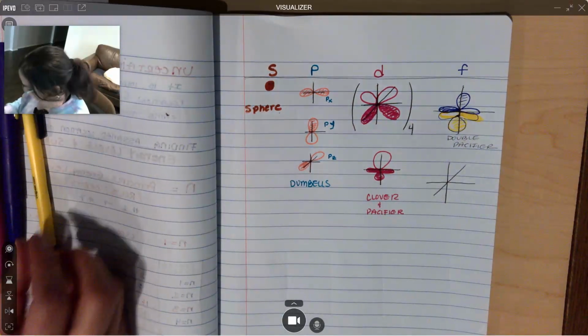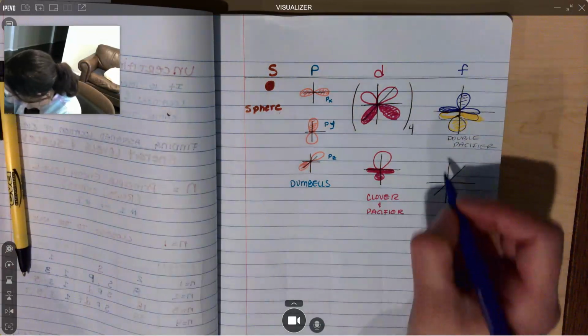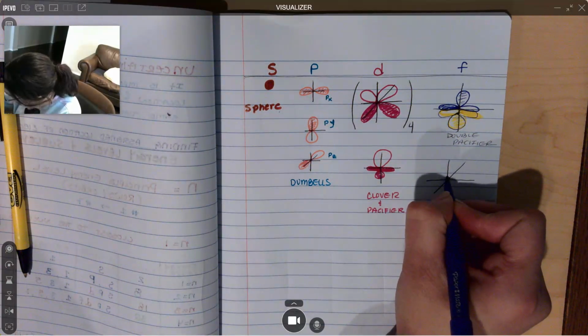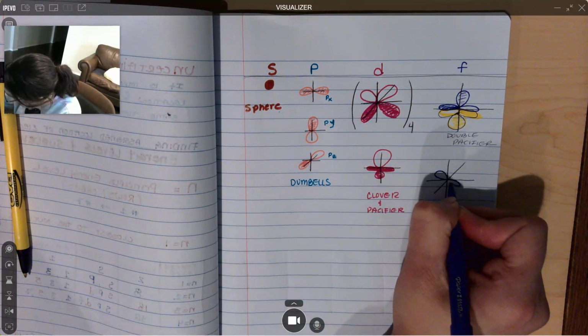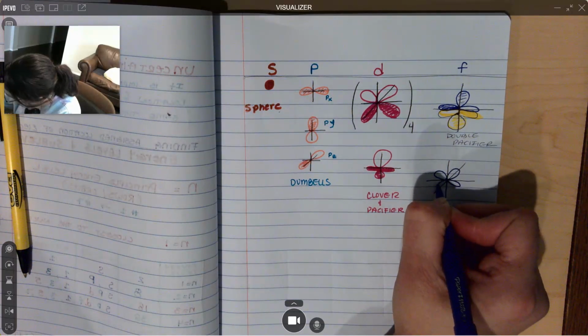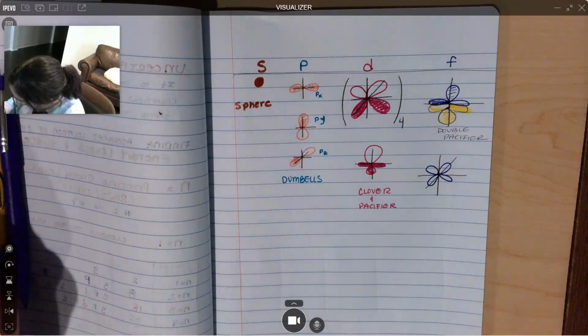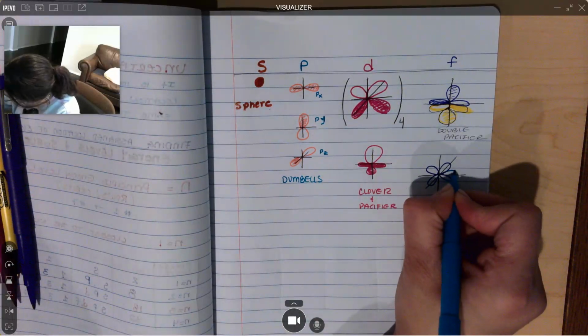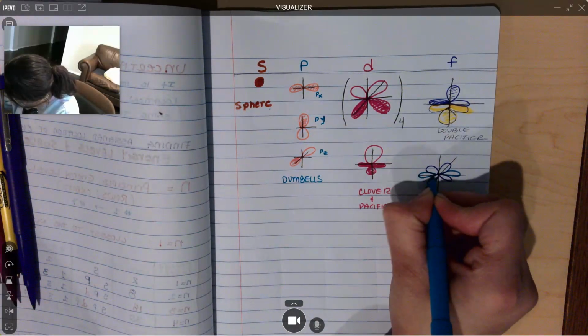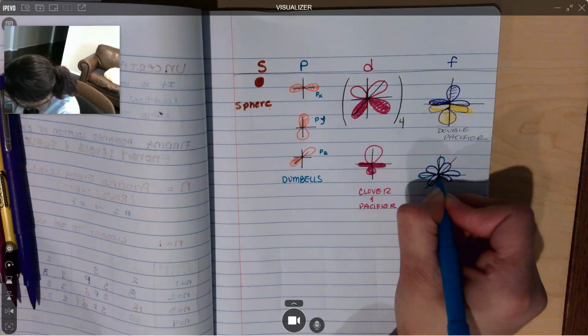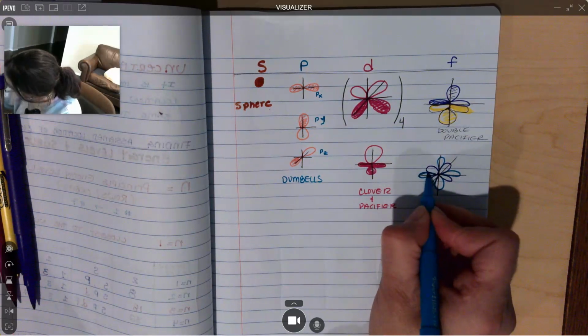The double clover, because we're very creative here with our names. So the double clover starts by creating an actual clover, like you would for the d, and then add to it your other clover wherever it might fit.